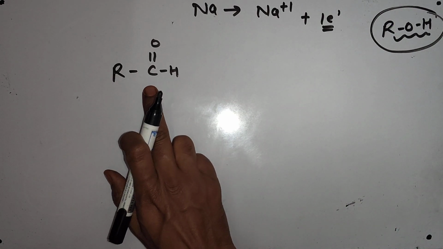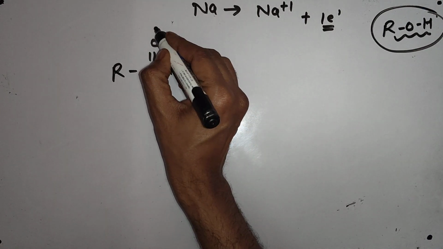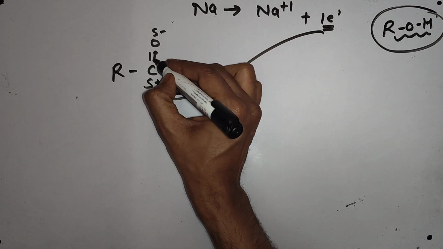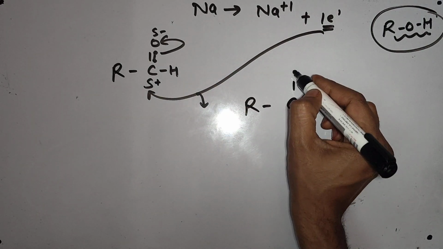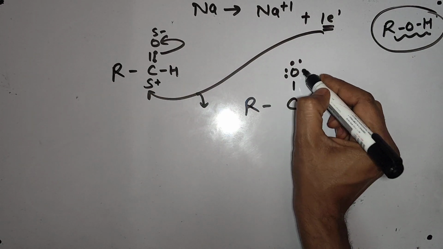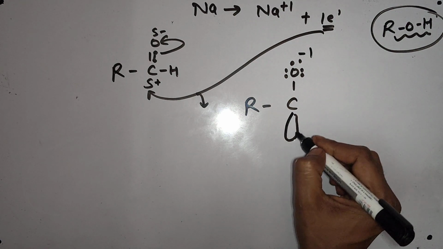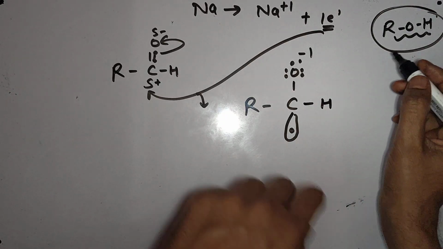This is the aldehyde which we got from the acyl part. Now the same mechanism: this is positive, this is negative. The electron will go toward the positive particle, and the pi electrons will shift. Oxygen will become negative because it is getting an extra electron of carbon, and in the orbital of carbon 1 electron will be there. It's like this.